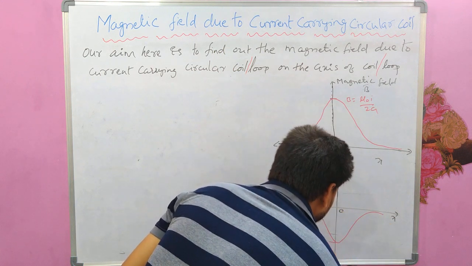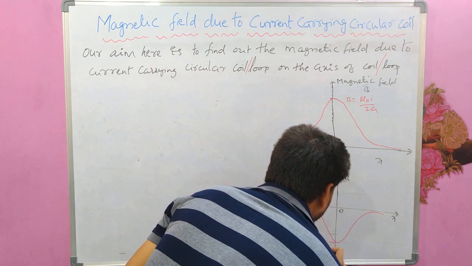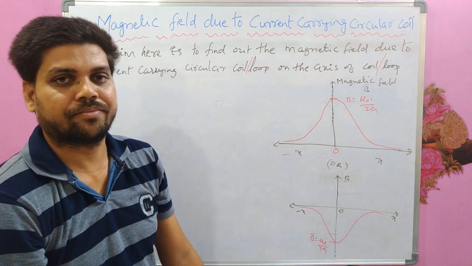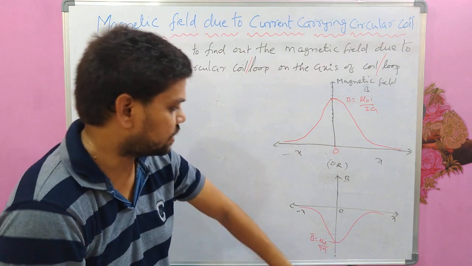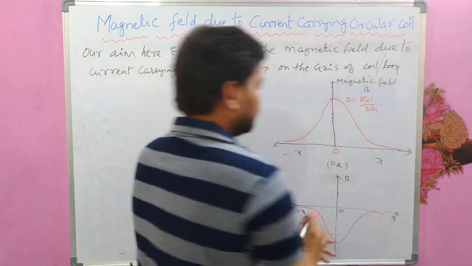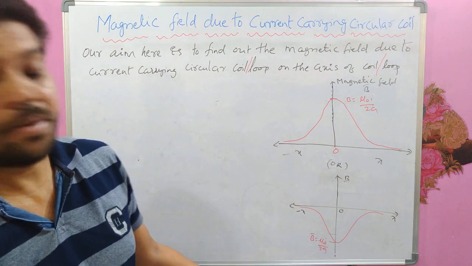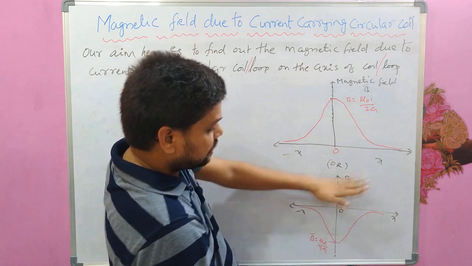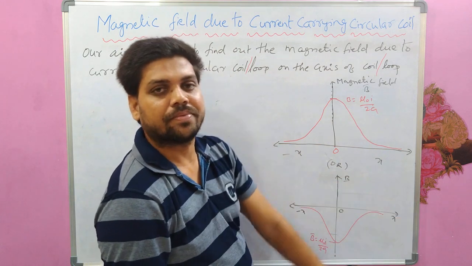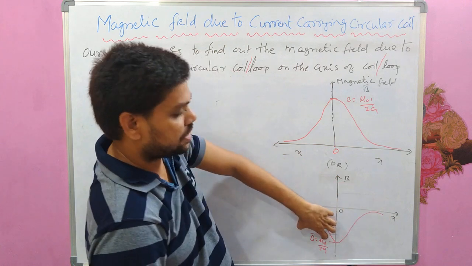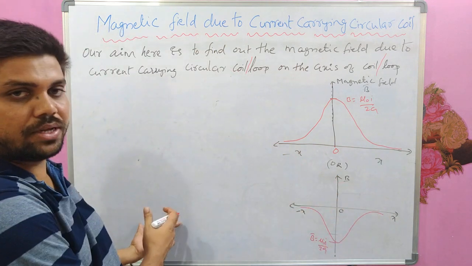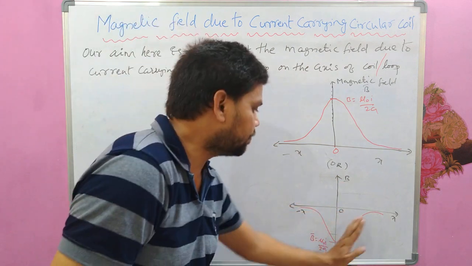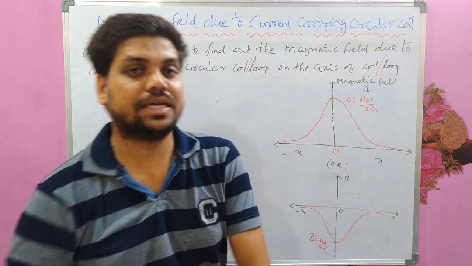This is the center and this is B equal to mu naught I by 2A in the negative direction. And as x goes to infinity, the magnetic field will become 0. But on either side of this current carrying coil, the B is in the same direction, as I have shown you in the previous picture. On either side of the current carrying coil, the magnetic field is the same.